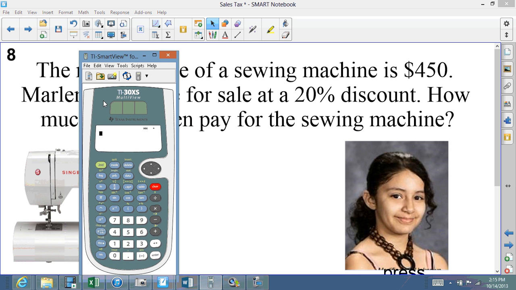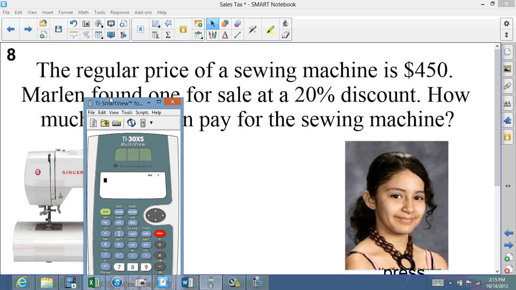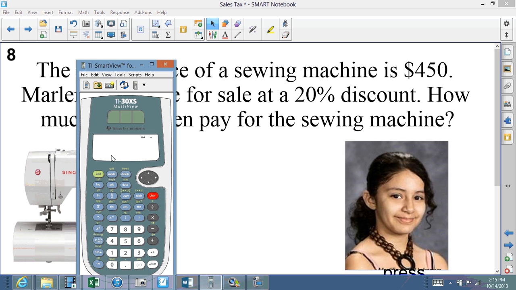So the original price was $450. So let's type that in our calculator. That's the original price, $450. Times 1 minus the discount rate. That's 20%.